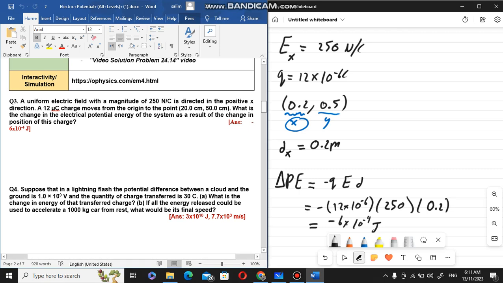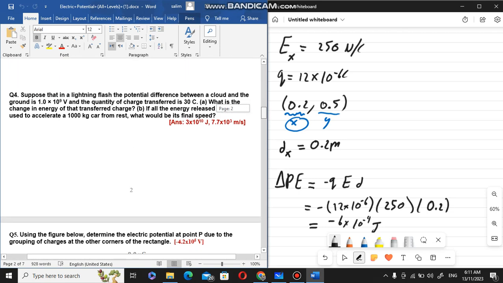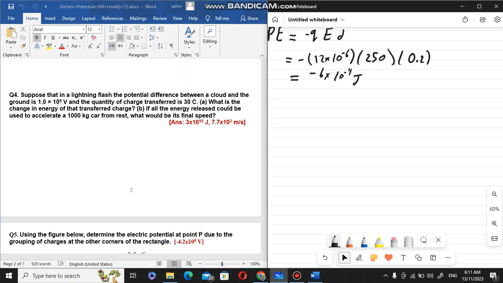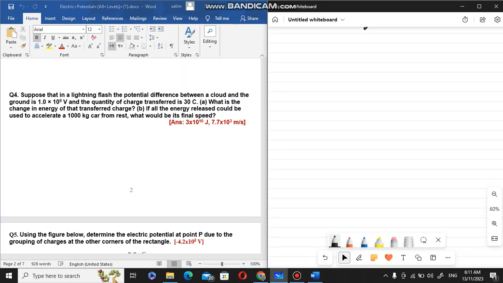Question 4. In question 4, it's saying the following. Suppose that in a lightning flash the potential difference between a cloud and the ground is 1.0 times 10 power 9 volts, and the quantity of charge transferred is 30 coulombs.